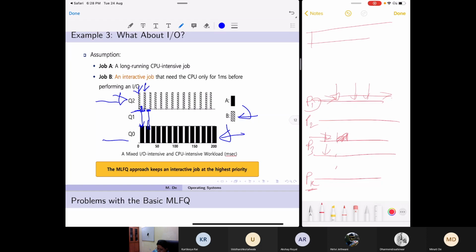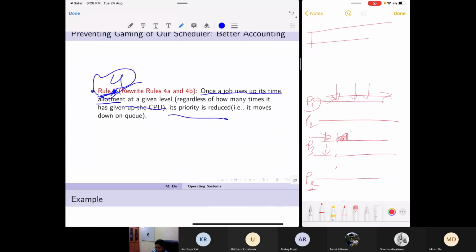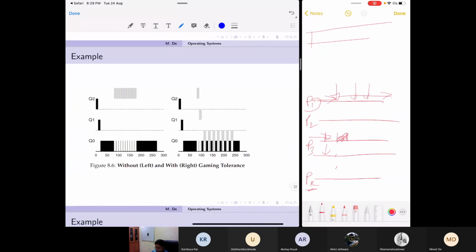Now you sum up this time and the next time you are going to use. If that amount of time is bigger than one time slice, that is the time allotment. Let's say they are same actually. If that is bigger than the time slice, then you are going to lower the priority of that job, and you make sure that job is moved to the next priority level. Okay, does it answer your question, Akshay? Yes, sir. Okay, good.